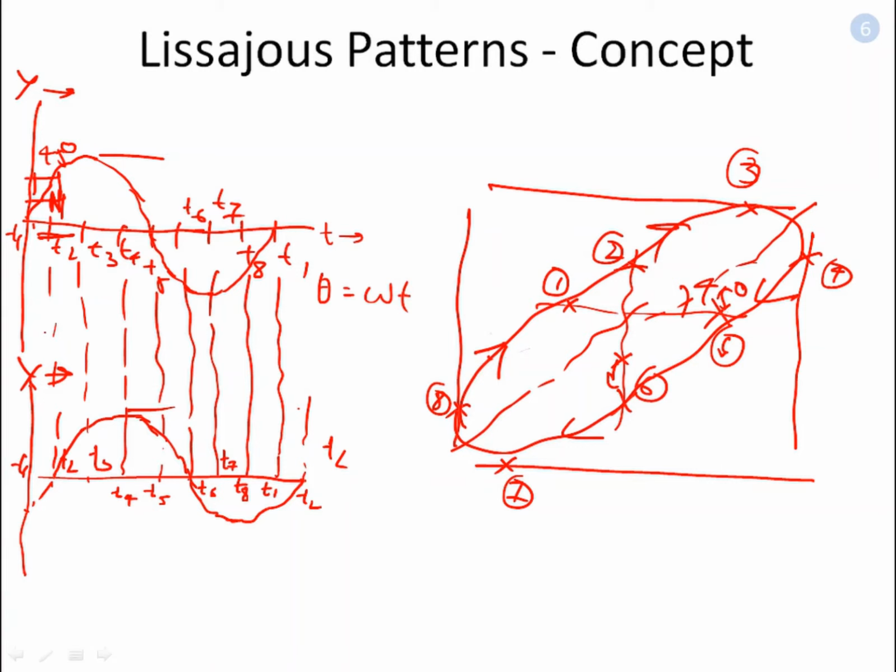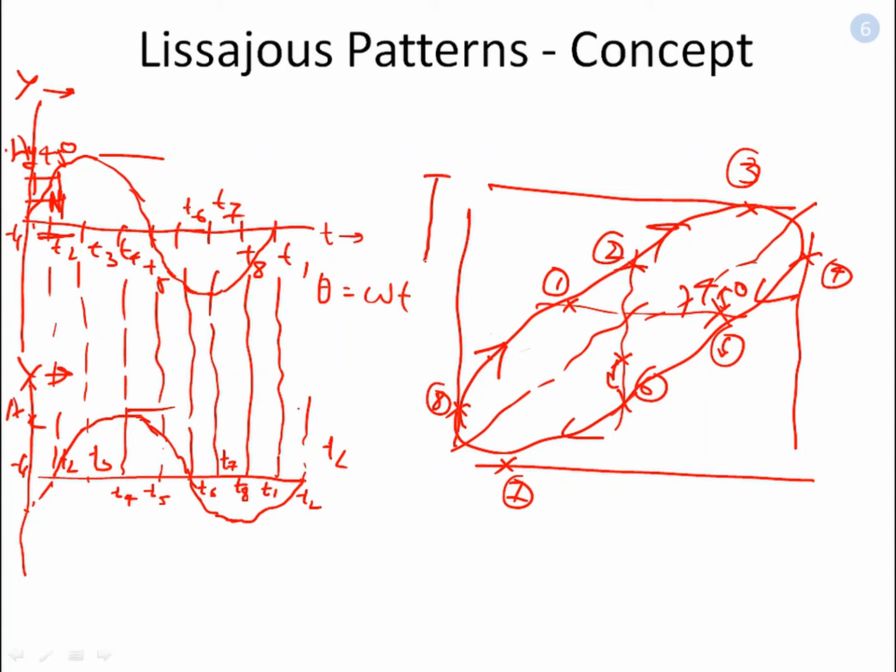So we can see that the ellipse thus formed is symmetric about an axis which is 45 degrees to the x-axis, and this angle of 45 degrees is the same as the delay between the signal applied to the y plate and the signal applied to the x plate. AY is the amplitude of the y input, and AX is the amplitude of the x input.